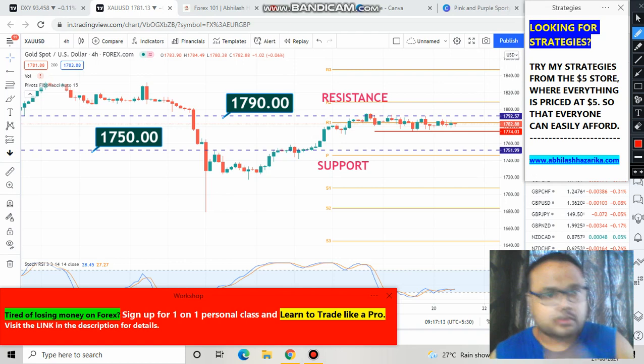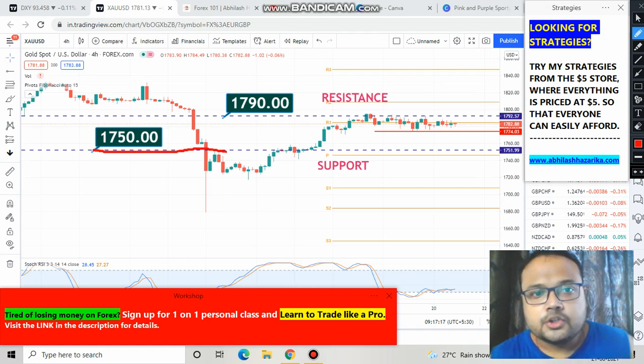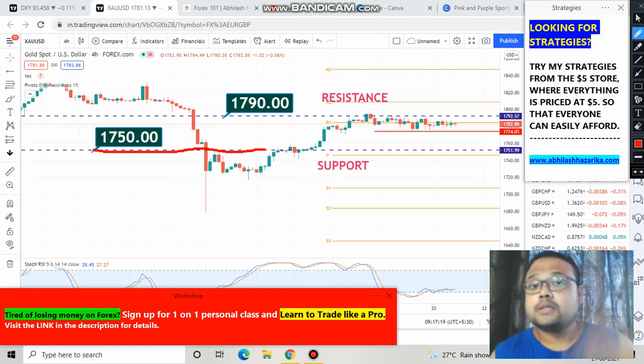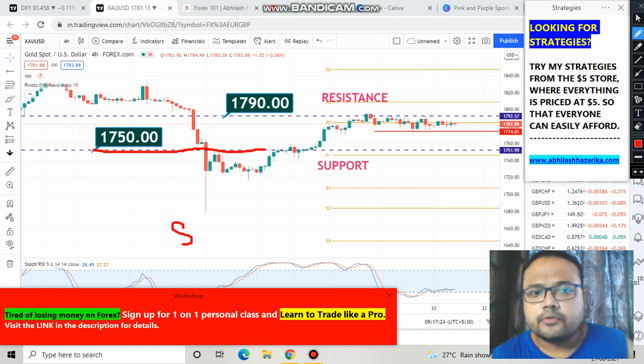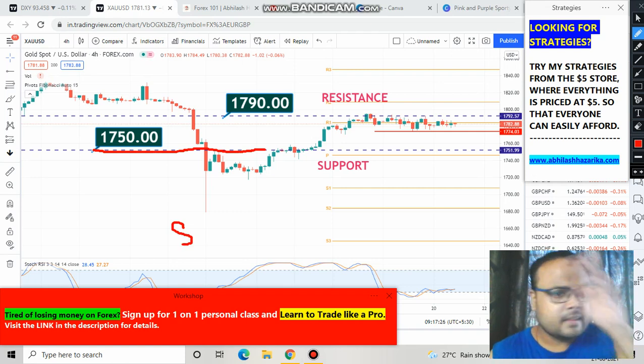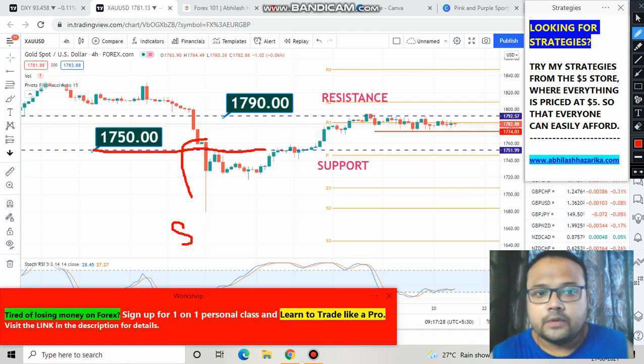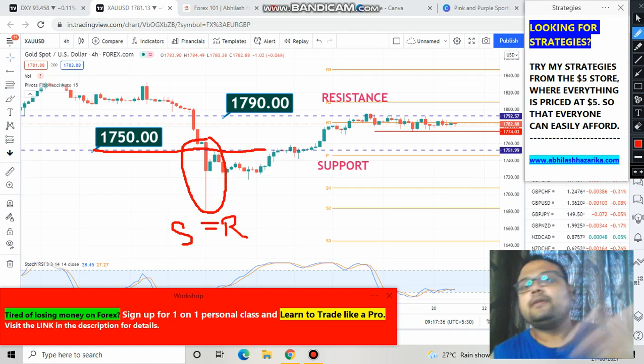First, let's discuss this level 1750. 1750 was previously a support for the market, and when there was a sharp fall on gold USD 2 weeks ago, the same level became the resistance, and the same level has again converted itself into support.